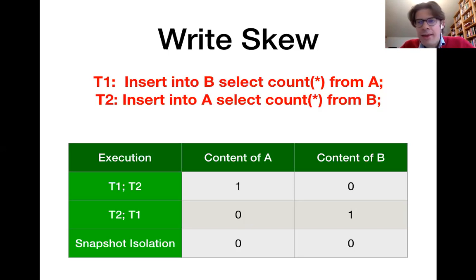Now, if we use snapshot isolation, it means that both of those transactions start from the same snapshot of the database. And in this snapshot, both of the tables are empty. And since both of them execute concurrently on the same snapshot, it means that both of them will count 0 rows for both of the tables, and then they will insert the 0 into those two tables, A and B. And that is an anomaly that is called write skew.